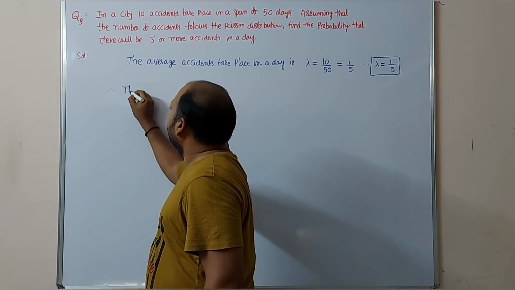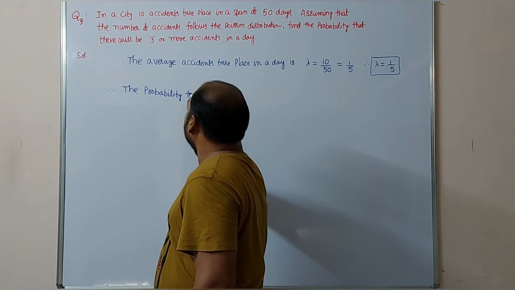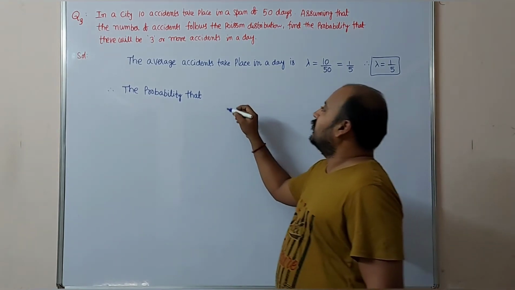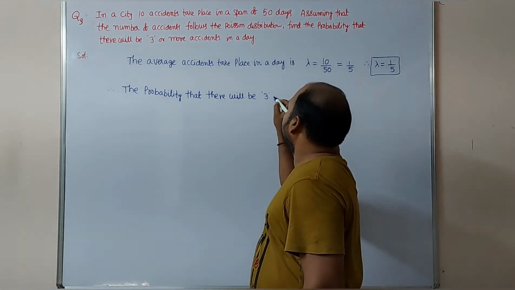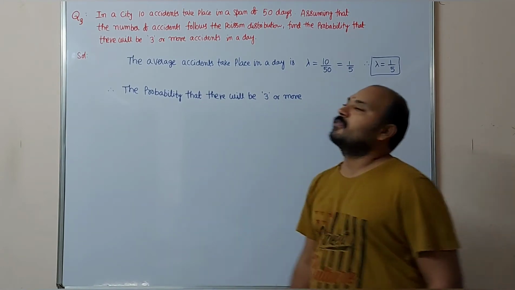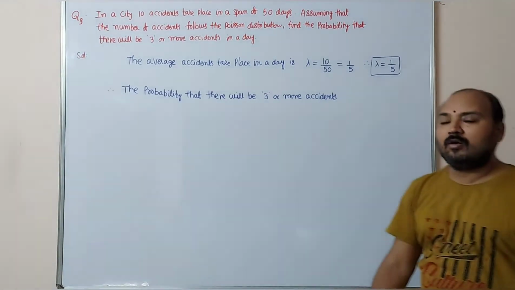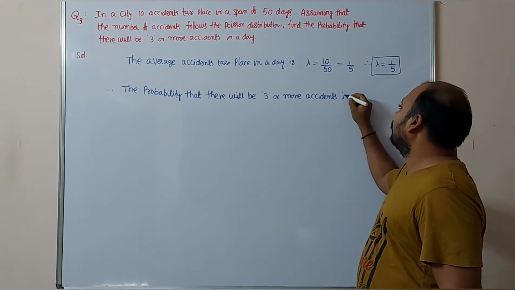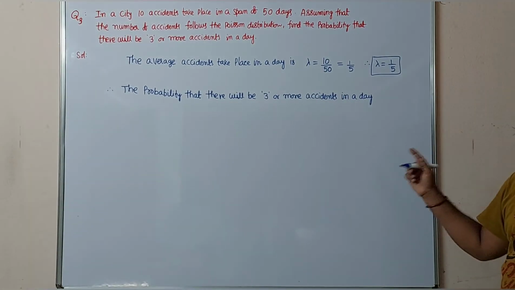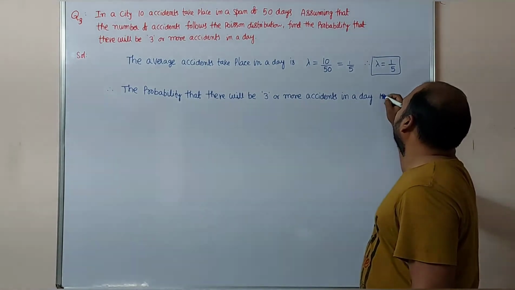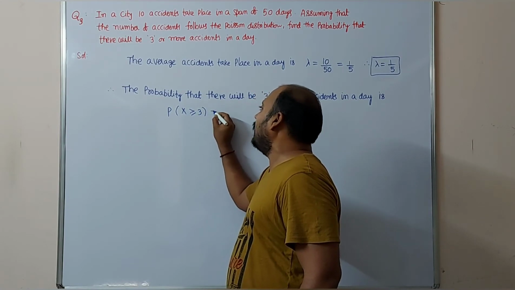Directly, the probability that there will be 3 or more accidents in a day. 3 or more, that means P of x is greater than or equal to 3.